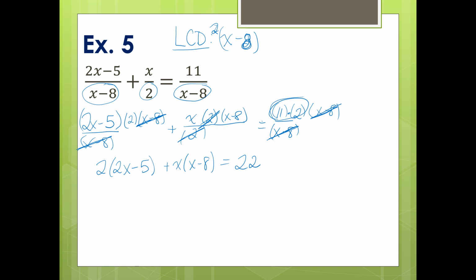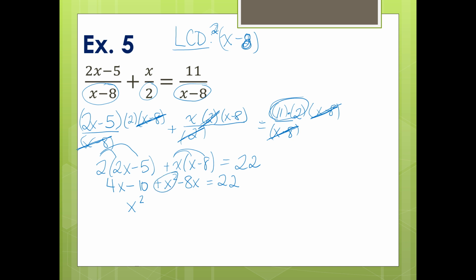Okay, now we got to clean this up a little here. So we're going to distribute this 2, which is going to give us 4x minus 10. We're going to distribute this x. That's going to give us x squared minus 8x. And our 22 is the same. So again, keep cleaning up. Get some like terms together over here. So we got x squared.